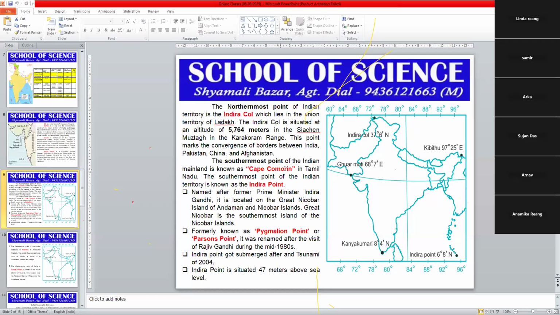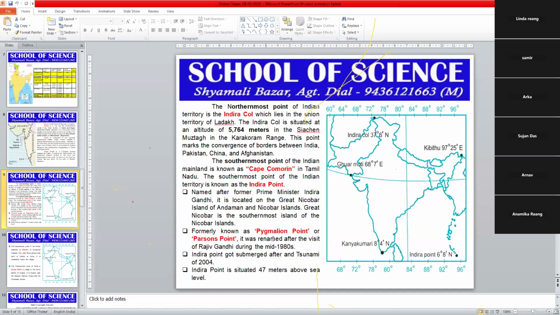The southernmost point of the Indian mainland is known as Cape Comorin in Tamil Nadu. The southernmost point of the Indian territory is known as the Indira Point. Named after former Prime Minister Indira Gandhi, it is located on the Great Nicobar Island of Andaman and Nicobar Islands. Great Nicobar is the southernmost island of the Nicobar Islands.